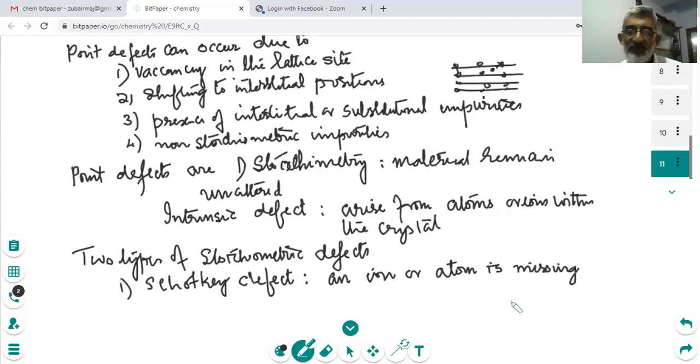Generally, this occurs in ionic crystals.